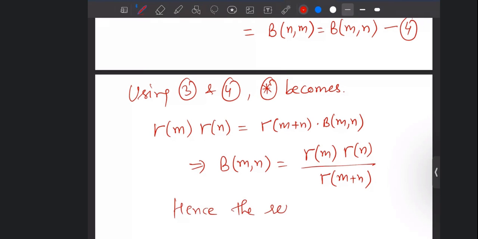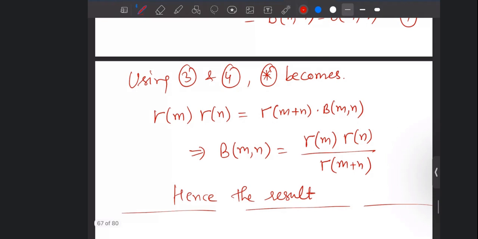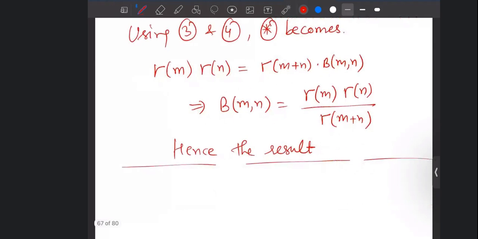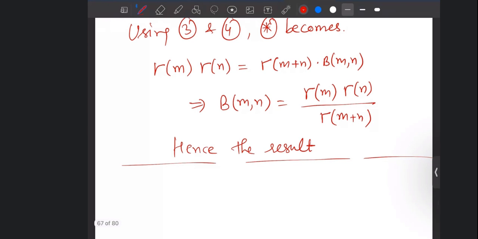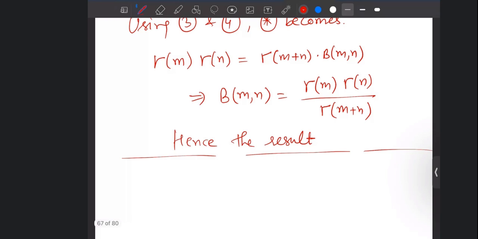Hence the result, that is the relation between beta and gamma function. That is beta of m, n is equal to gamma of m into gamma of n divided by gamma of m plus n. Using this formula, we can also find the value of gamma of 1 by 2. Earlier we deduced gamma of 1 by 2, and we can also evaluate gamma of 1 by 2 from this relation.